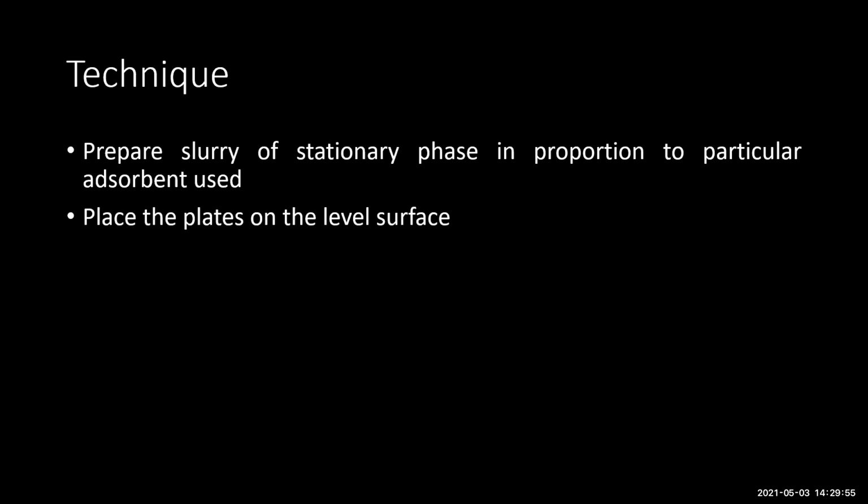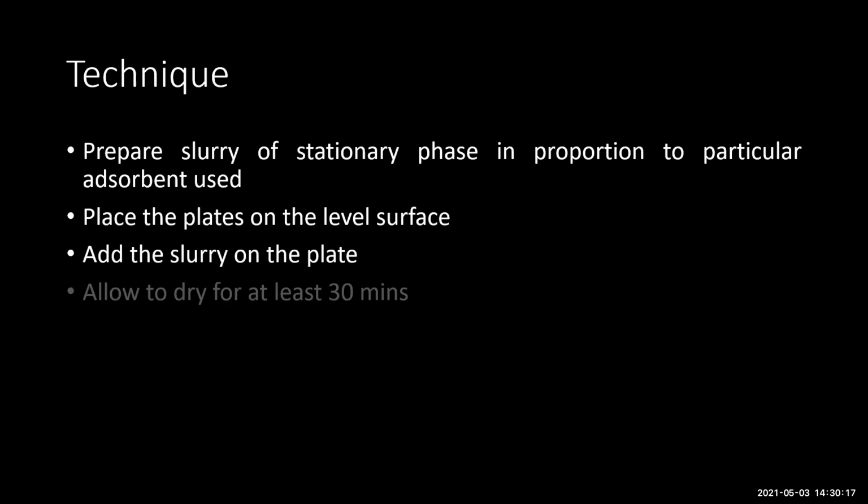One edge might have a higher concentration of the slurry, another edge will be very thin, and somewhere it will be very thick. To ensure this does not happen, make sure the surface on which you place your plates is level. Once that is done, add the slurry on the plate.